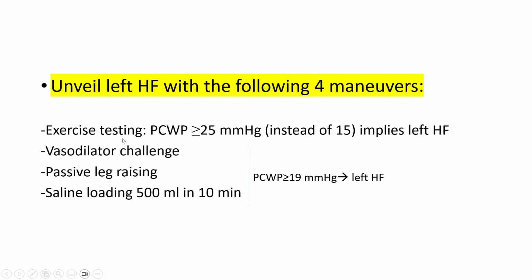We do exercise testing with supine cycling in the cath lab. And if mean wedge pressure rises to 25 or more, this implies left heart failure. And we use a cutoff of 25 instead of 15, as wedge pressure normally rises in normal individuals with exercise, especially extreme exercise.